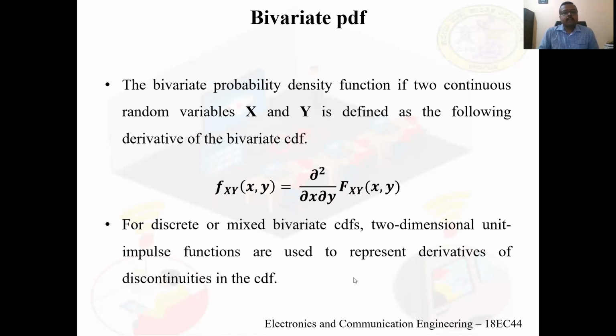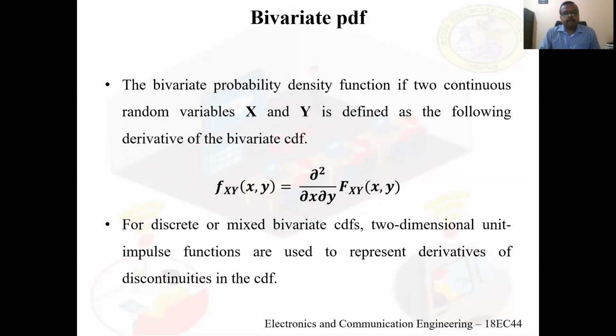Since we have now studied the bivariate CDF, we'll go to the bivariate PDF. PDF is the probability density function. Similar to the single random variable, what we studied for PDF and CDF, the same concept is applied here for the bivariate PDF and CDF.